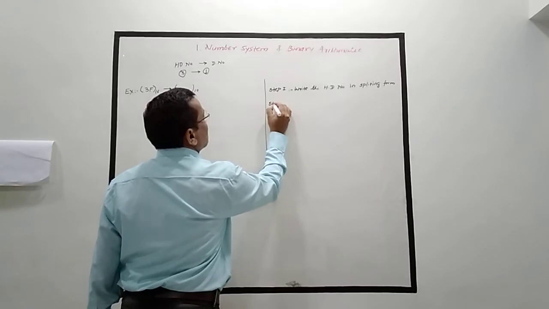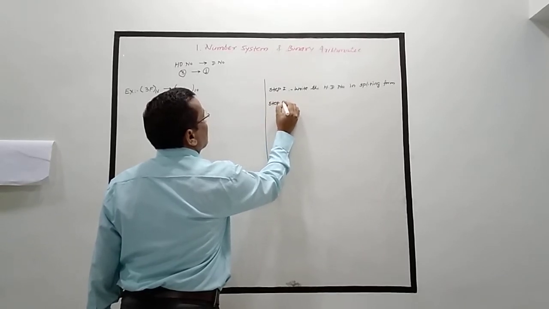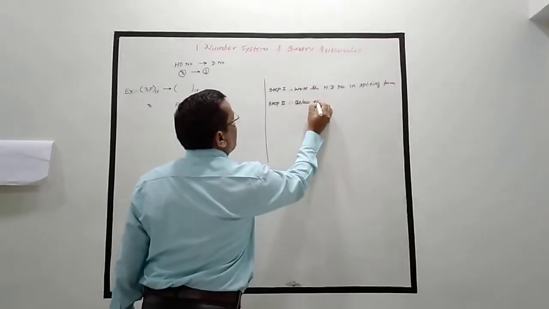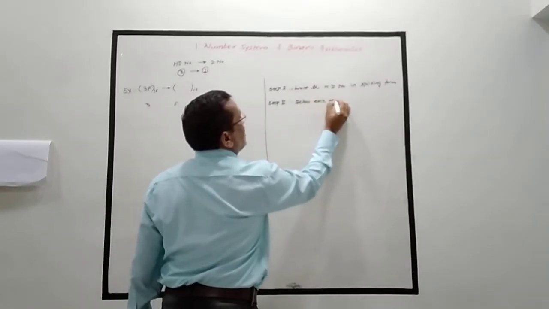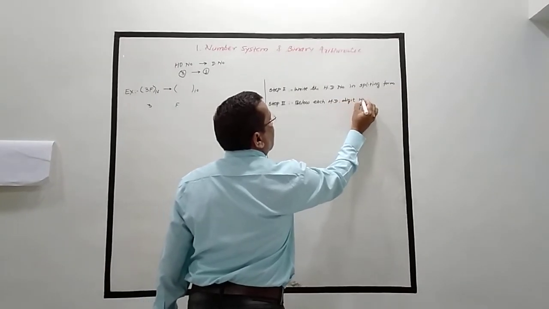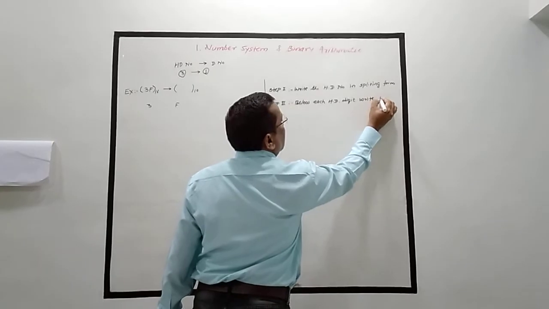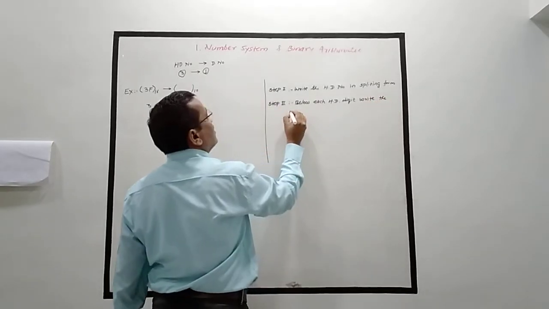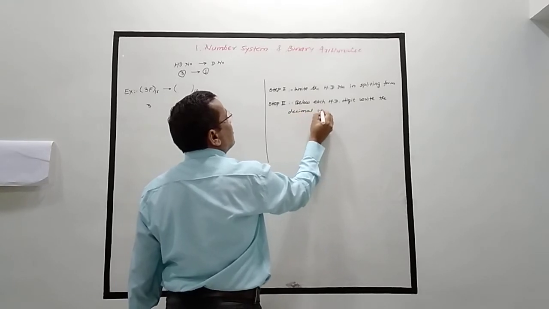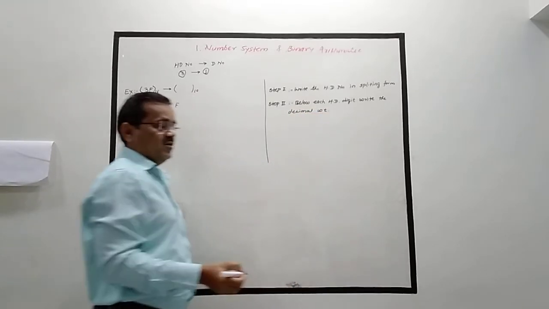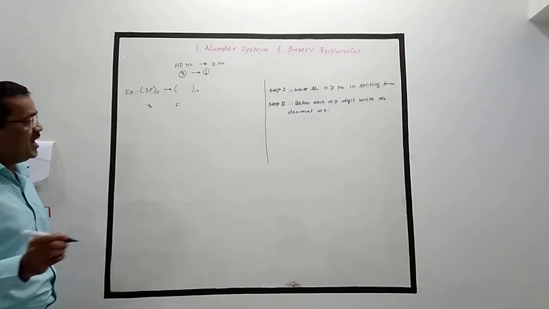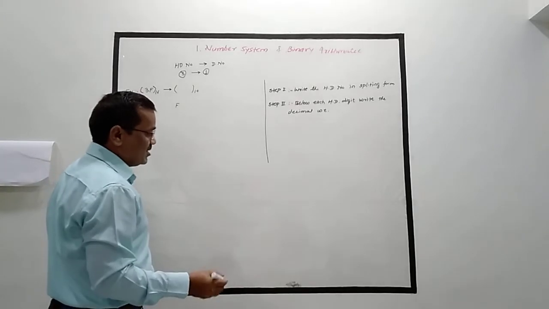Below each HD digit, write the decimal weights. The decimal weights of HD bits will be like this.